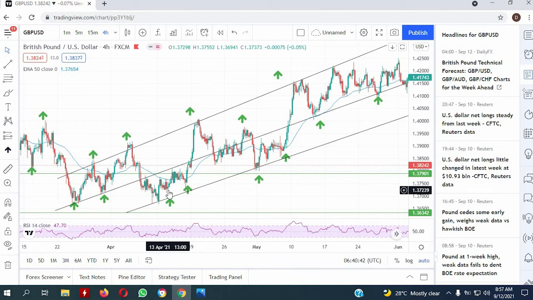Lower high, higher low, higher high, higher low. So we can identify the trend coming back right here, so we can look at trade right here. Higher high, higher low, higher high, higher low.